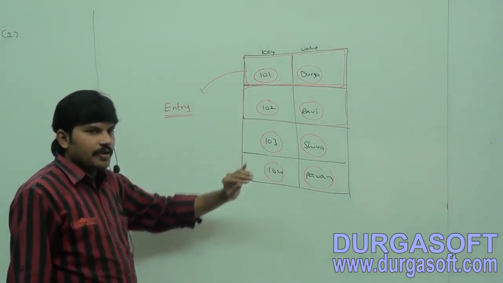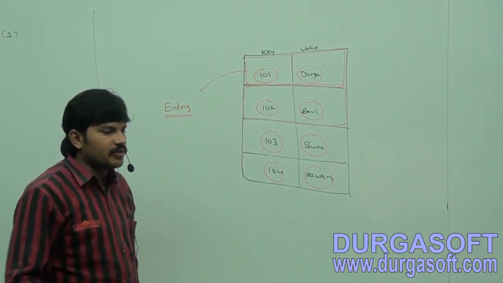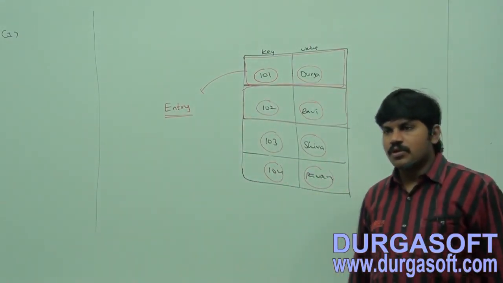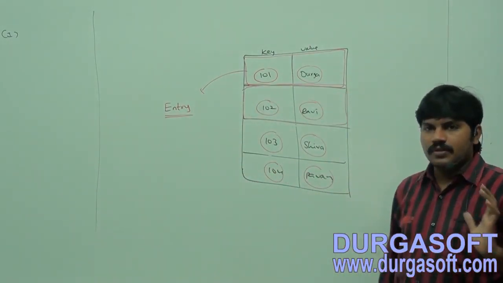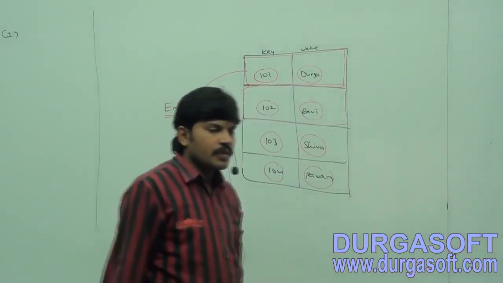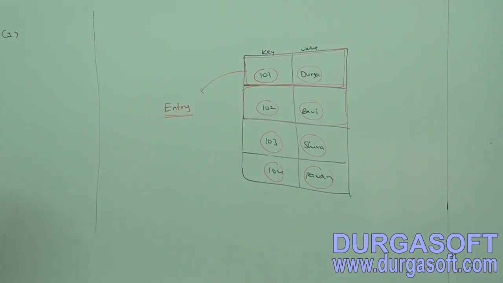So at this point, both the keys and values are objects only. Both the keys and values are objects only.